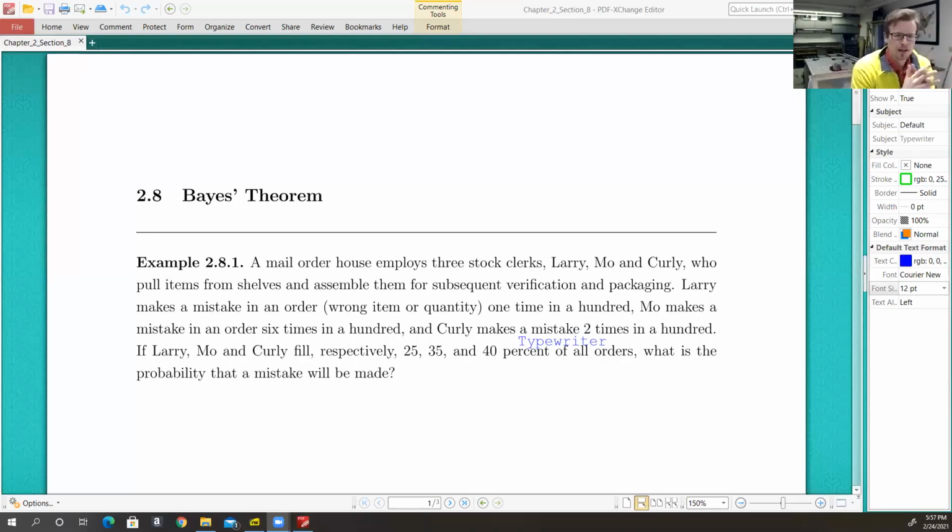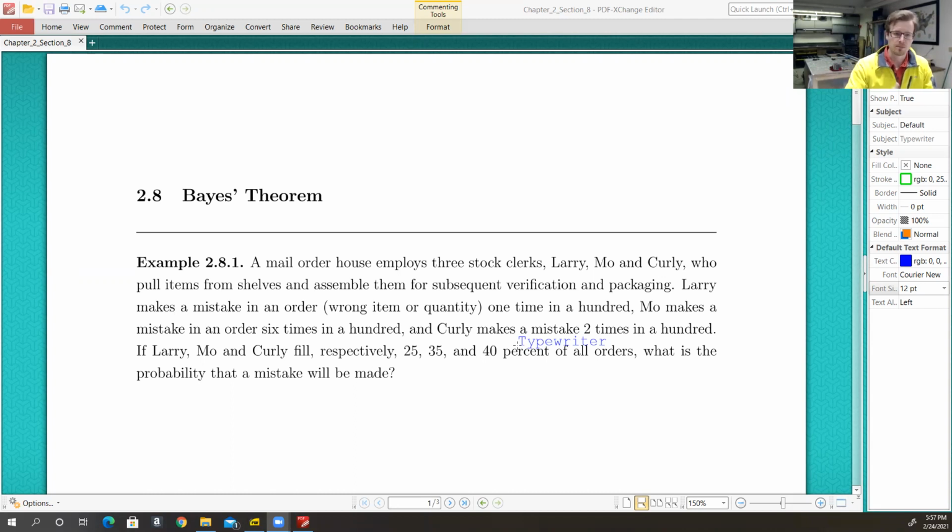So a mail order house employs 3 stock clerks. So first of all, what's a mail order house? Essentially what we're thinking of there is, you can think Amazon. So somebody sends in an order, employees run around, grab all the items for the order, put it together and ship it out.